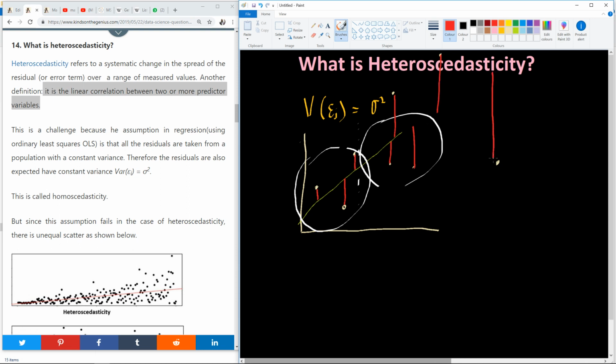So you can see it's actually spreading out. The challenge is that you can't really predict the actual variance of the error in this data set. This is because the assumption fails in the case of heteroscedasticity, and there is unequal scatter as shown below.